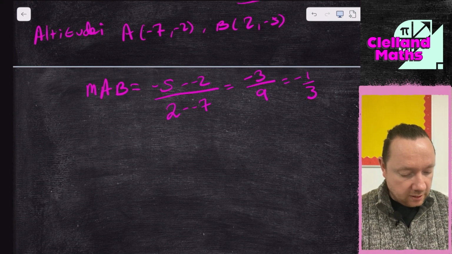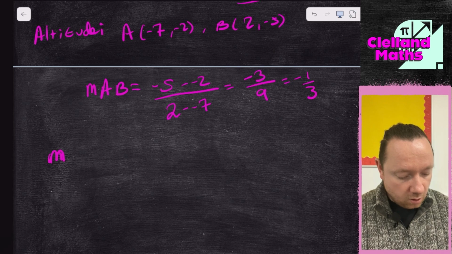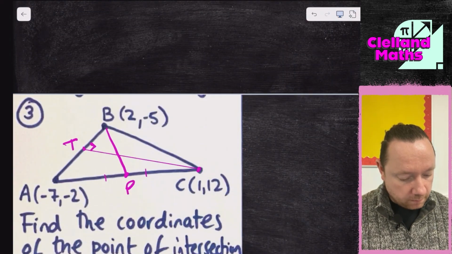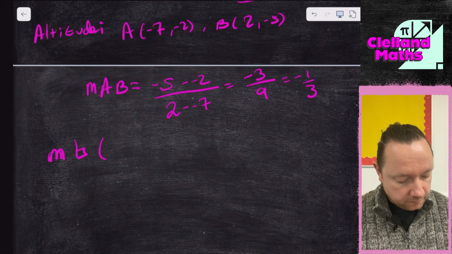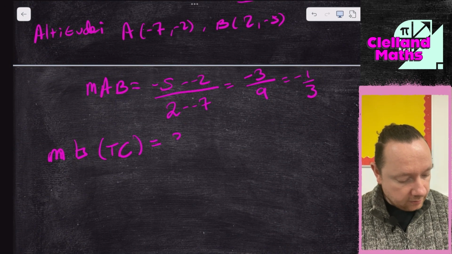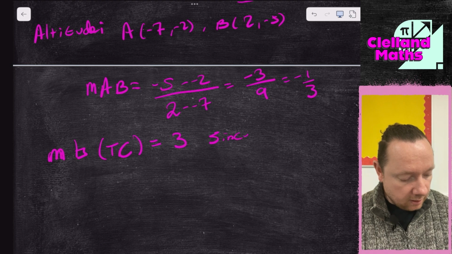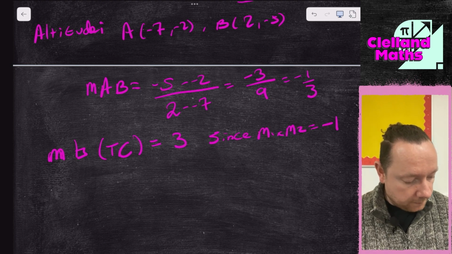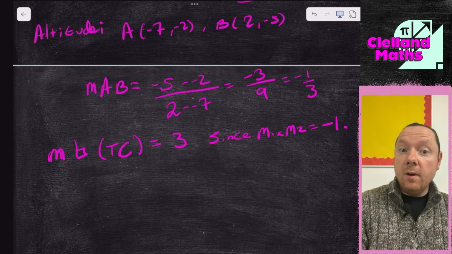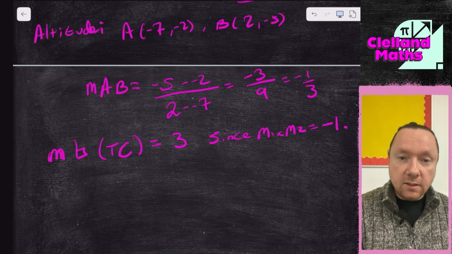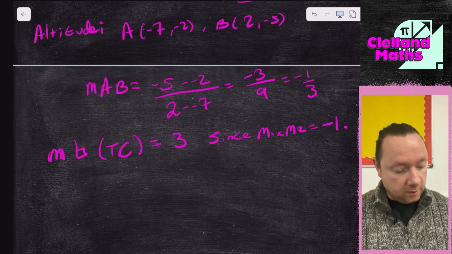So that's -5 add 2, which is -3, over 2 minus -7, which is 9, so minus a third. And then we can straight away say the gradient of the perpendicular, in other words, TC, equals 3, since m1 times m2 equals -1. So we just flip it upside down and change the sign. Minus a third becomes -3, which becomes 3.